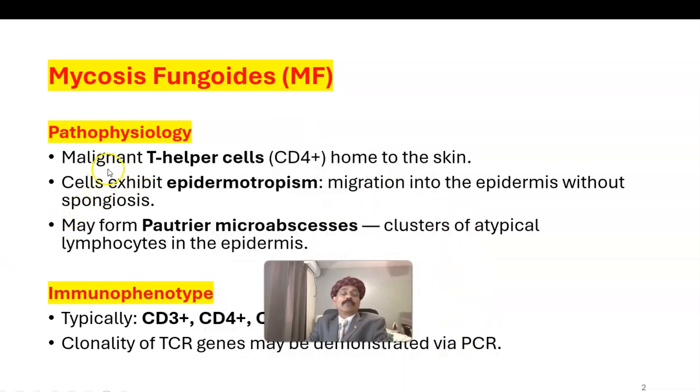What is the pathophysiology? Malignant T helper cells, CD4 plus, home to the skin. Cells exhibit epidermotropism, migration into the epidermis without spongiosis. May form Pautrier microabscesses, clusters of atypical lymphocytes in the epidermis.